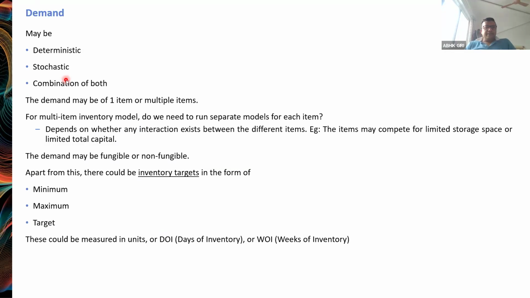Now the demand may be fungible or non-fungible. Fungible means when the demand of different materials is interchangeable, and non-fungible is when it is non-interchangeable.